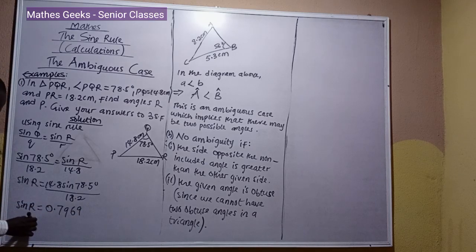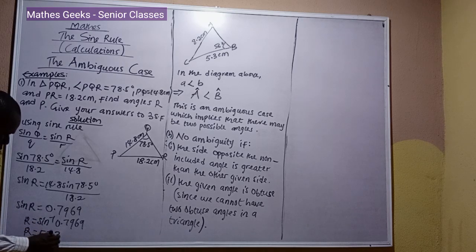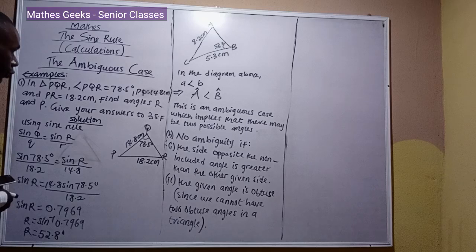So R is equal to arcsine of 0.7969, and R is equal to 52.8 degrees. So this R is equal to 52.8 degrees.